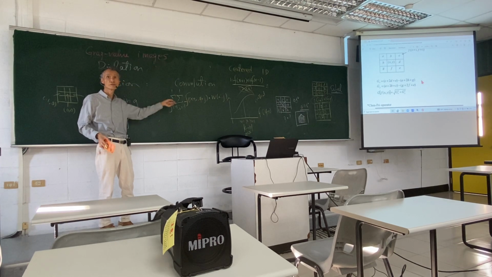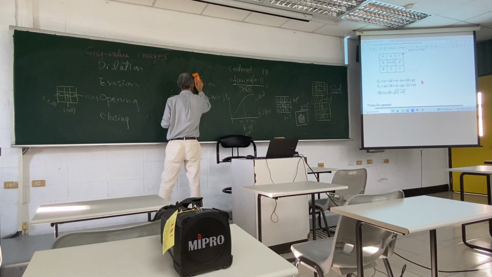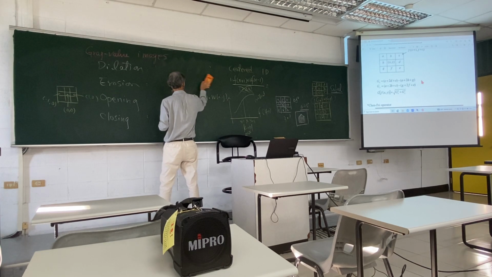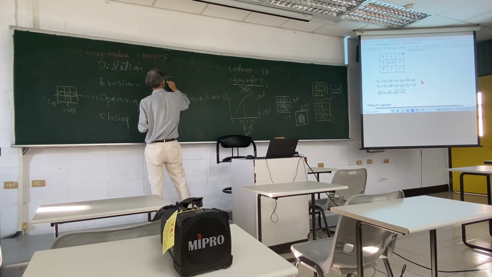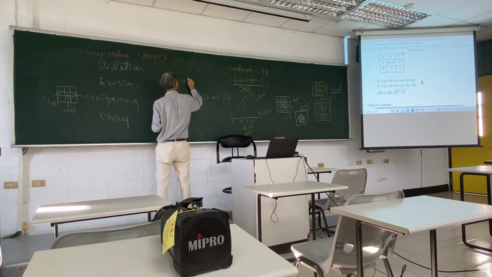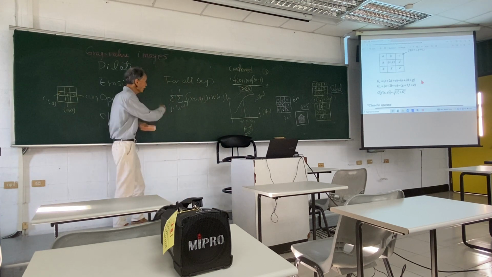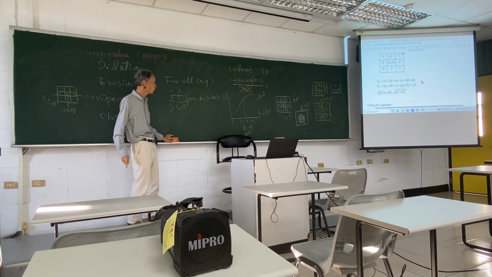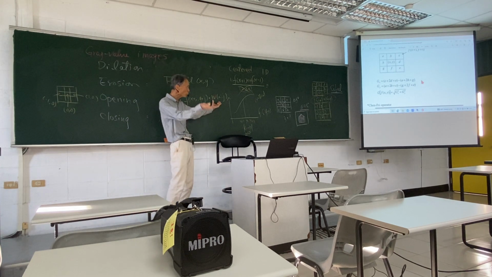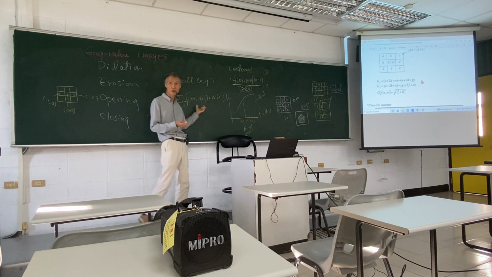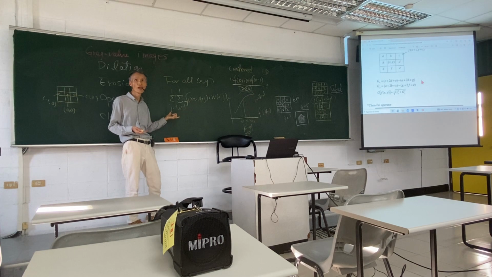That's it. You need to apply this for all pixel points x, y. Then you carry out this operation, and W could be the Prewitt, Chamfer, or Sobel operator. That's the so-called convolution.